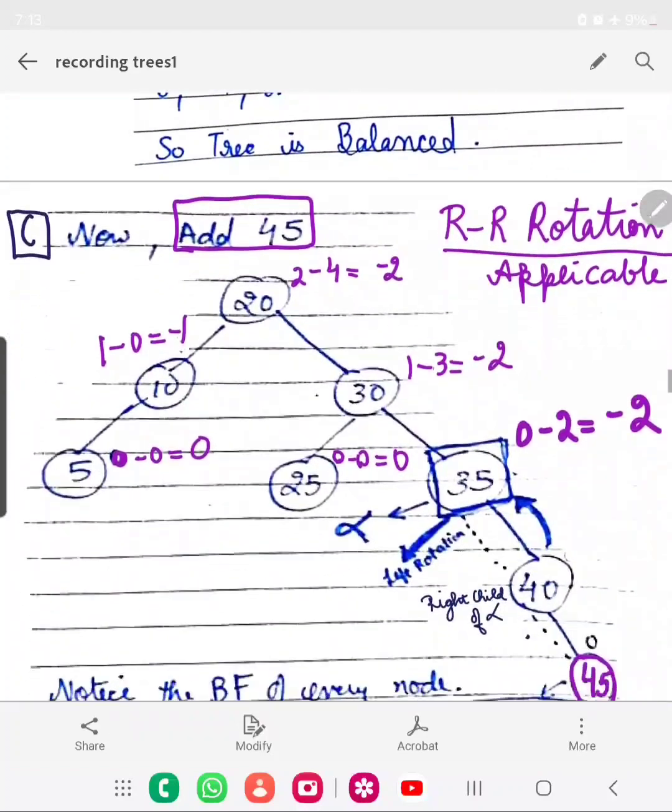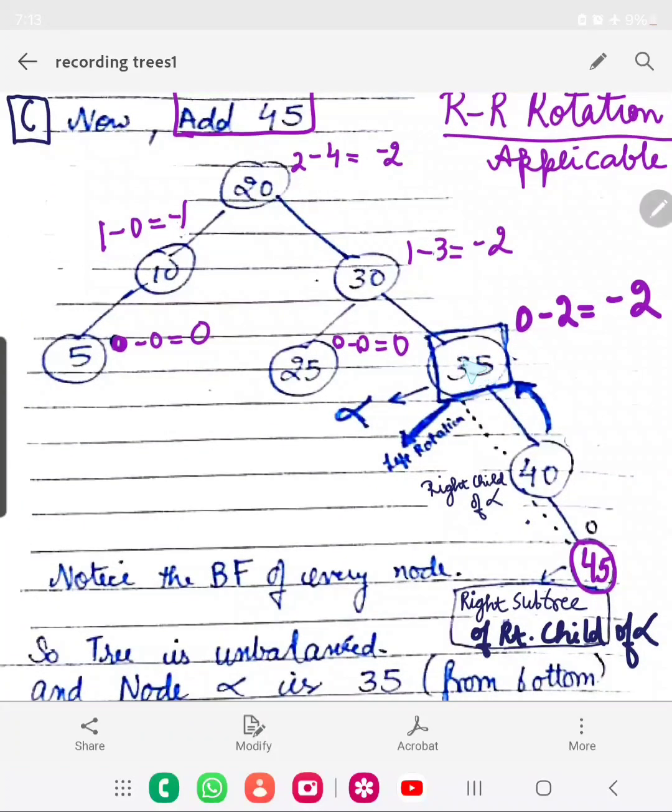Now let's come back here. This is alpha. Now when alpha is rotated to the left, what is going to happen? When 35 is rotated to the left, 40 will come up and 35 will move to the left of 40.